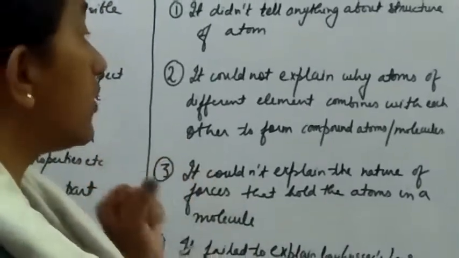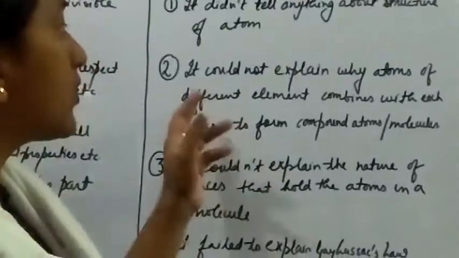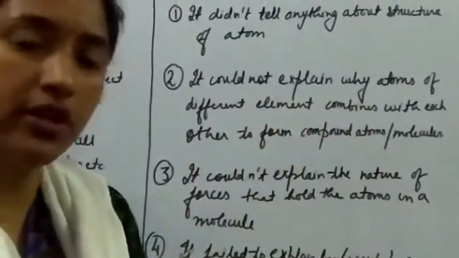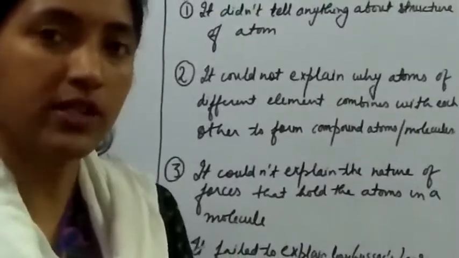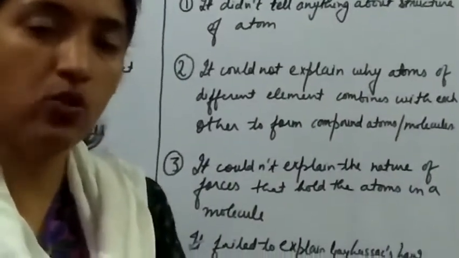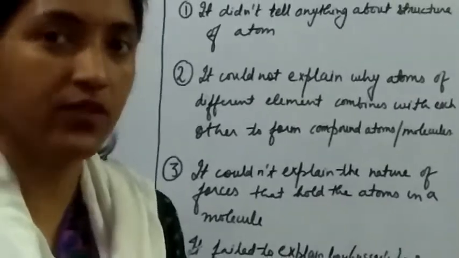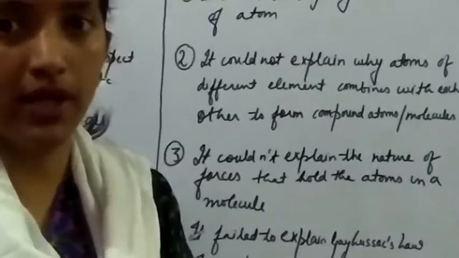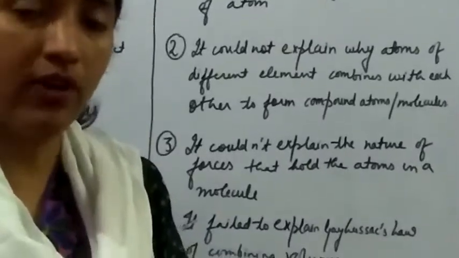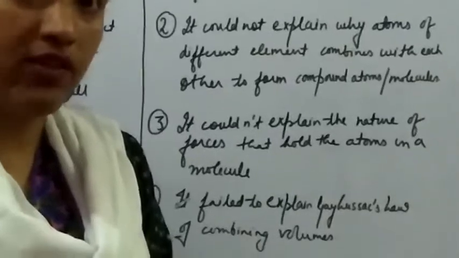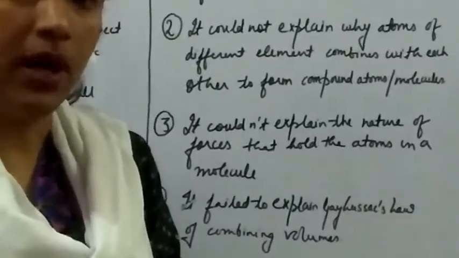Second, it could not explain why the atoms of different elements combine with each other to form compounds or molecules. Though he said that a compound is formed when two atoms of different substances combine with one another, he could not explain why the atoms combine, right? What is the need of the atoms to combine or react with one another so that a compound is formed?